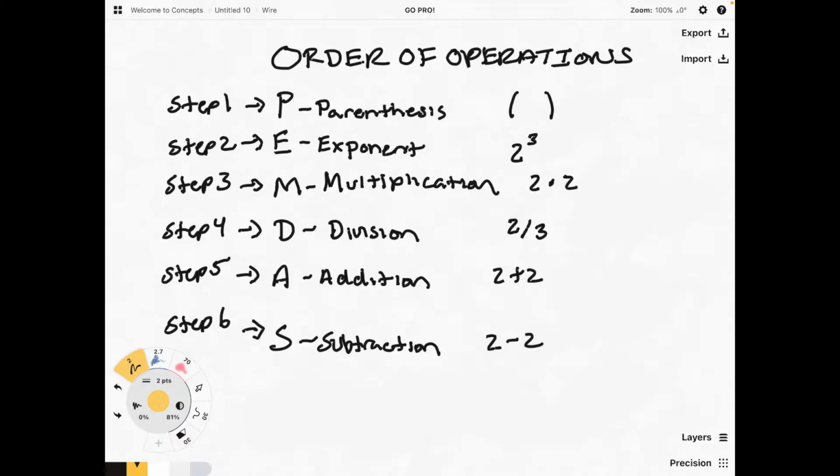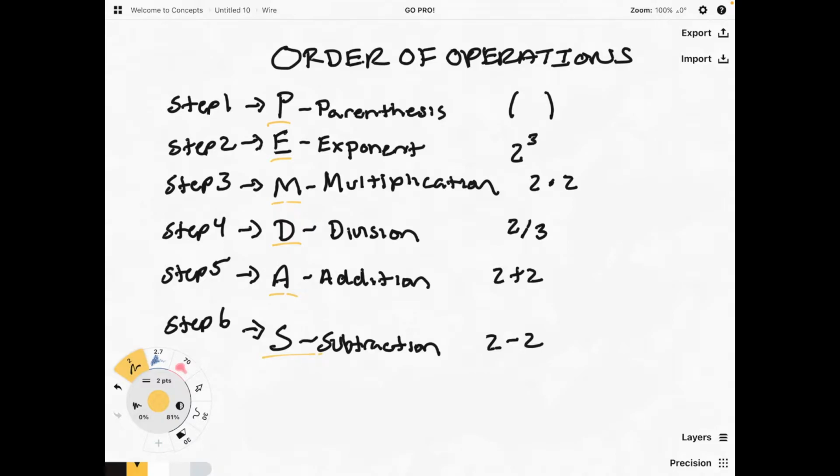When looking at order of operations, you have to look in steps. Step 1 is parentheses, step 2 is exponents, step 3 multiplication, step 4 division, step 5 addition, and step 6 subtraction. You can think of it as "please excuse my dear Aunt Sally."